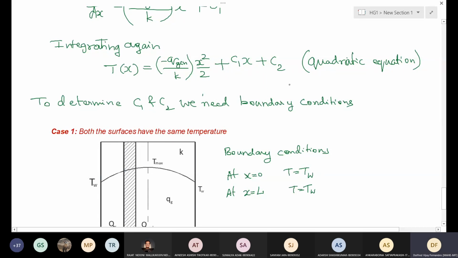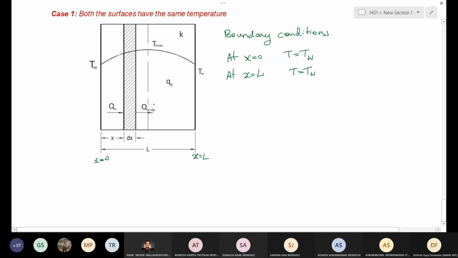So let's say this is equation 1. Applying the boundary conditions into equation 1. Apply at x equal to 0. What will happen at x equal to 0? T equal to T wall.